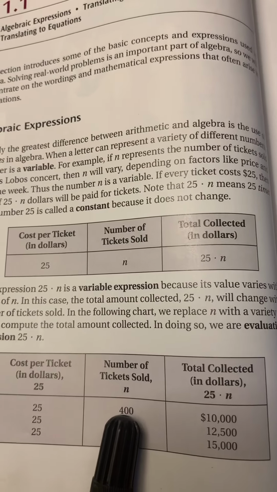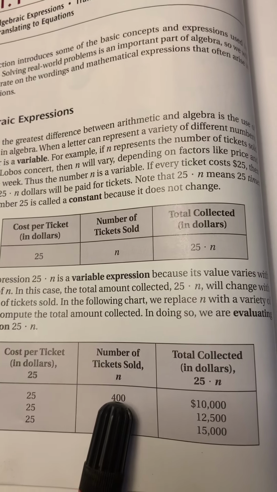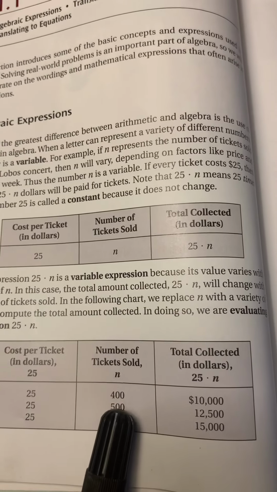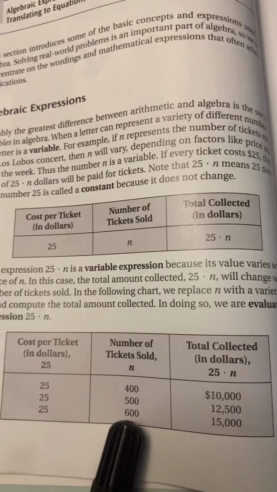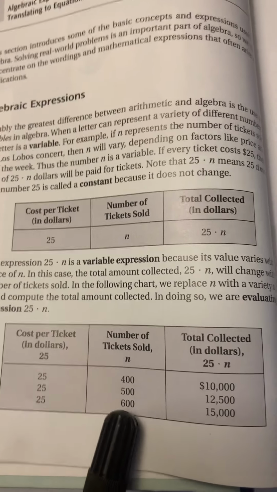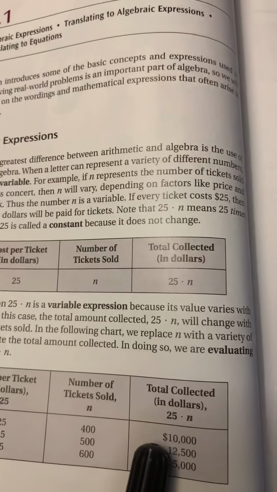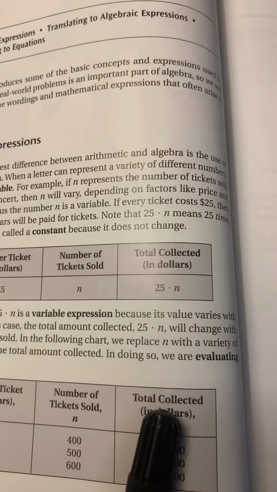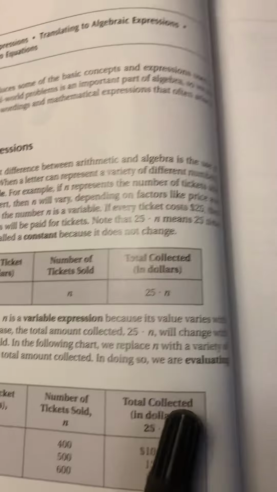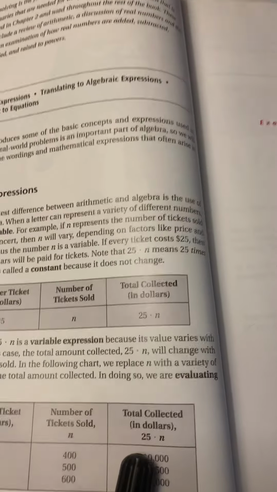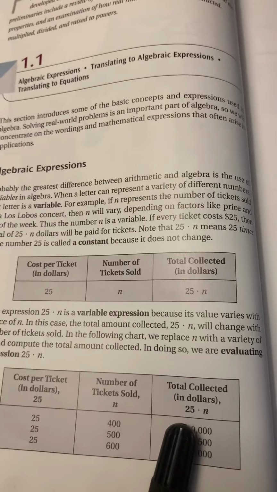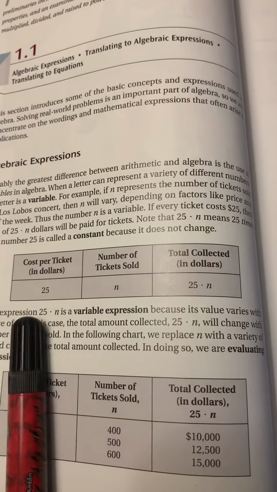At one event, there were 400 tickets sold. At another event, there were 500 tickets sold. And then at the last event, there were 600 tickets sold. So we use this variable expression, 25n, to determine the total amount of money. This is evaluating the expression here. We're multiplying using the information from the variable expression, 25n.